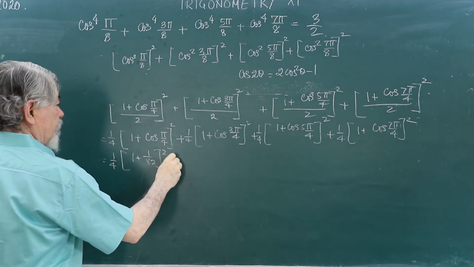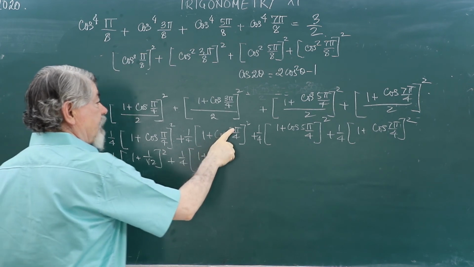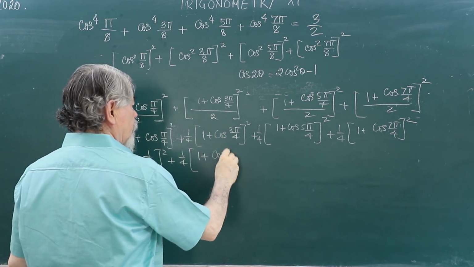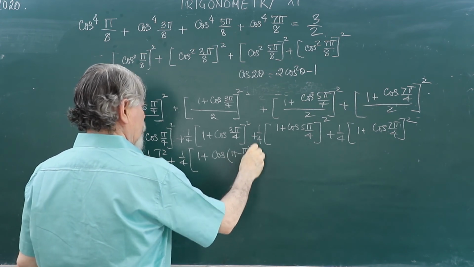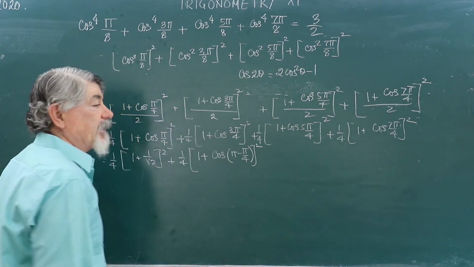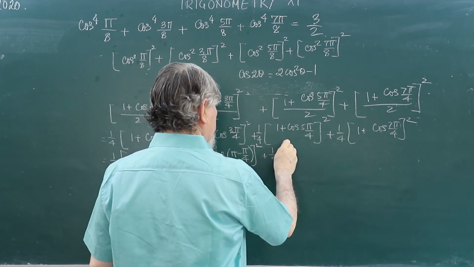plus 1/4 (1 + cos(π − π/4))². I can write 3π/4 as π minus π/4, which will give you 3π/4. Plus 1/4 (1 + cos(π + π/4))².